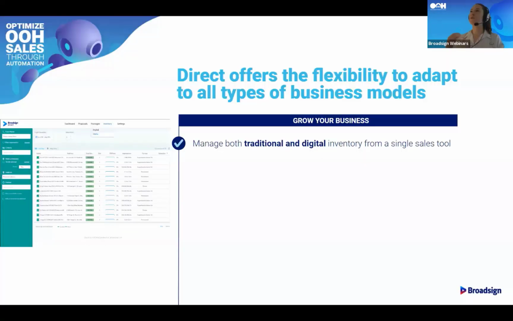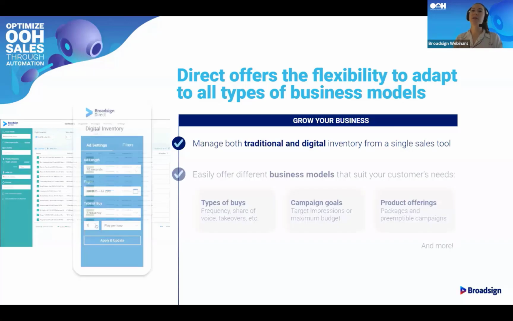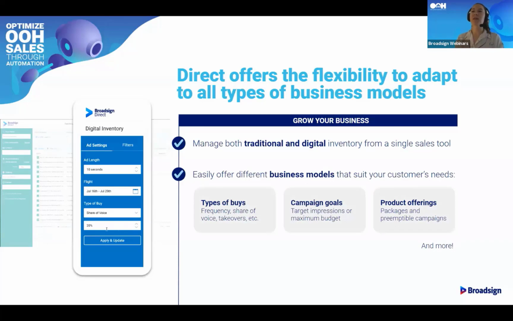So the first question we asked today was, how can you bring more flexibility to your business model? Well, first of all, Direct allows you to manage both your traditional or static assets and digital assets in the same platform. But it also adapts to different kinds of business models through different tools.